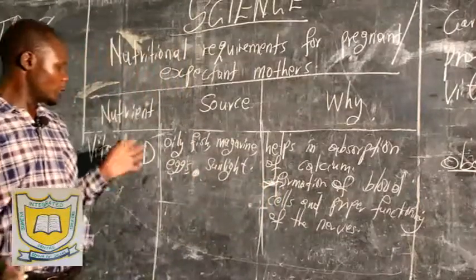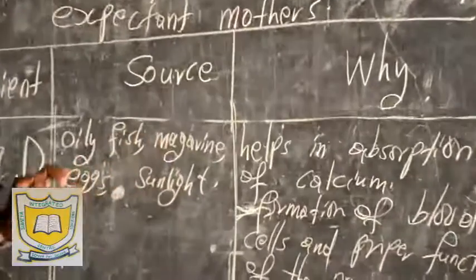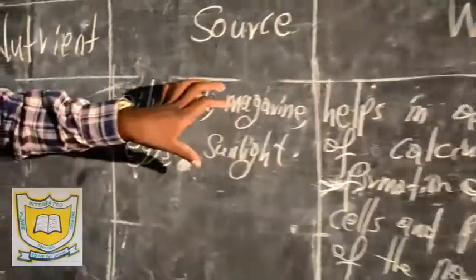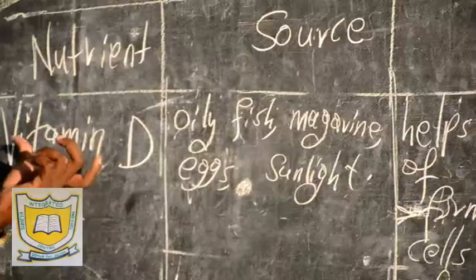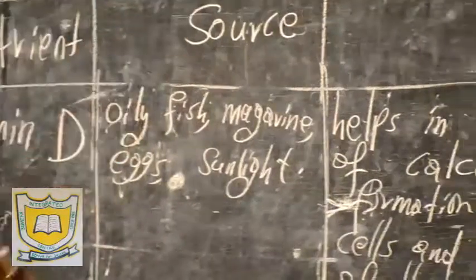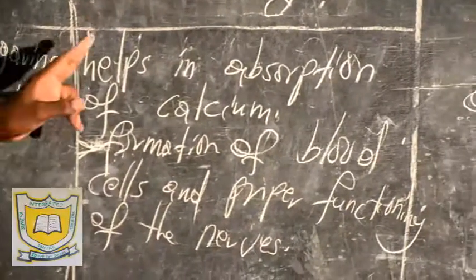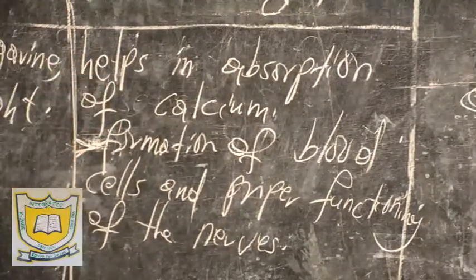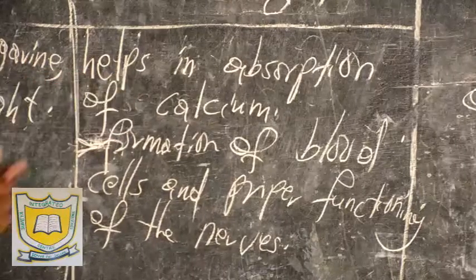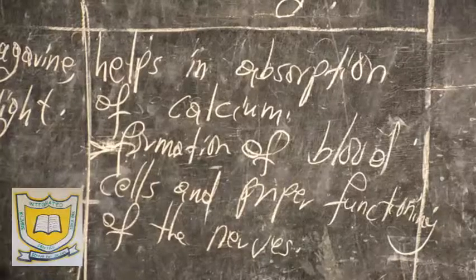We have said the sources of vitamin D is oily fish, margarine, eggs, and sunlight. If you eat such a type of foods, then you are providing vitamin D to the body, which is very important to a pregnant mother. Now, why should we supply vitamin D? It helps in absorption of calcium. You understand calcium is a very important mineral for the better formation of the bones and teeth.